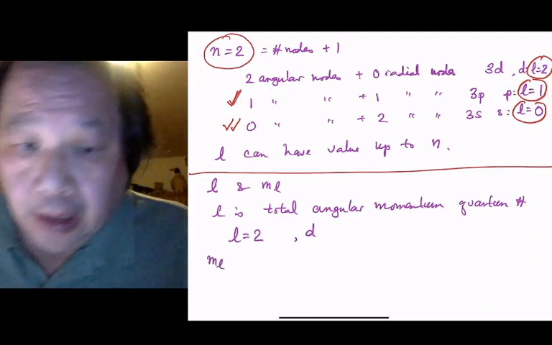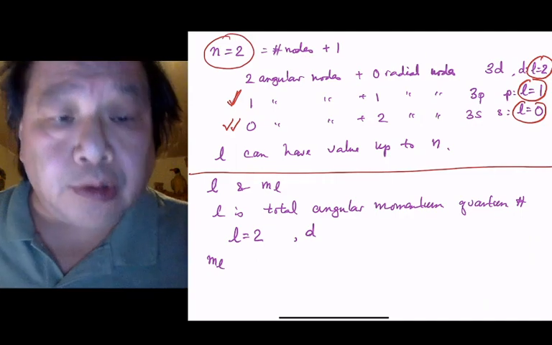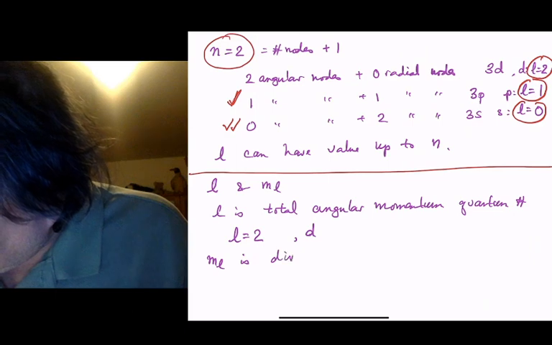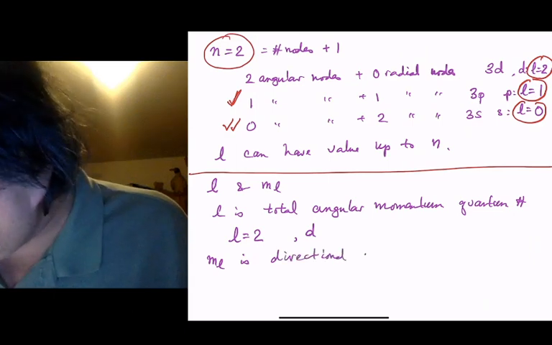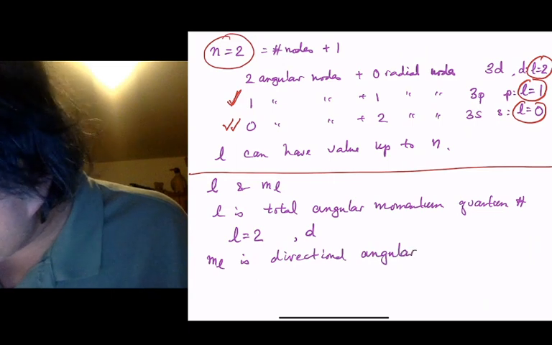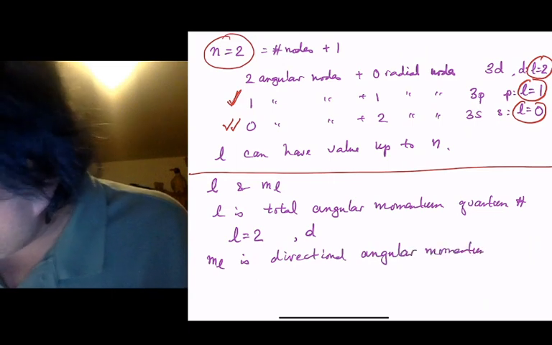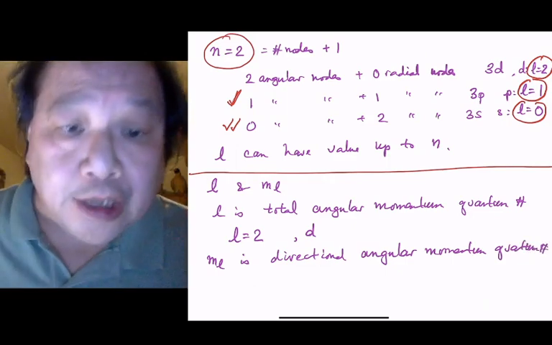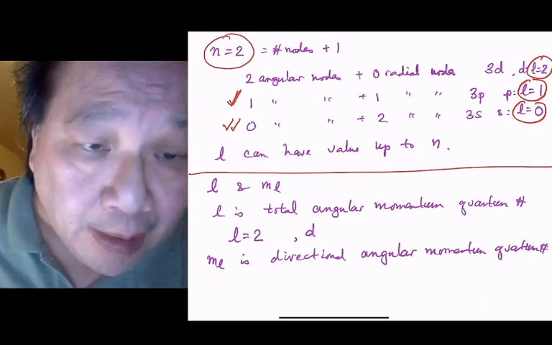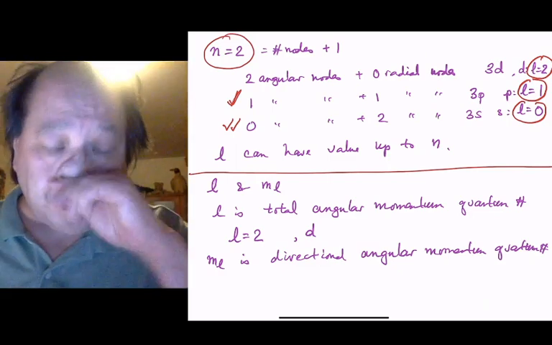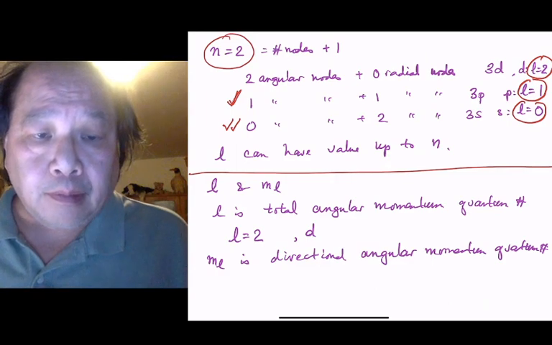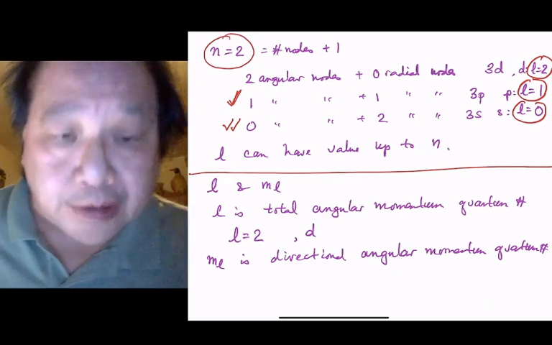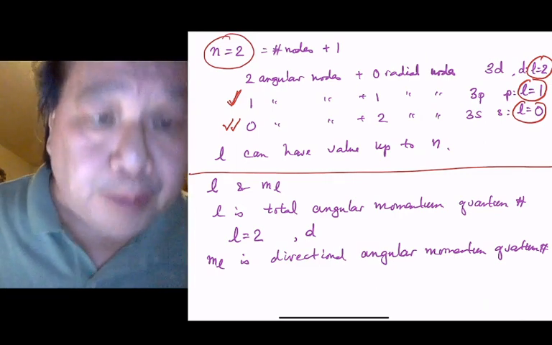ML is the directional angular momentum quantum number. What is the greatest possible value for ML when L is 2? Remember, the greatest directional angular momentum is in the direction it's really spinning.